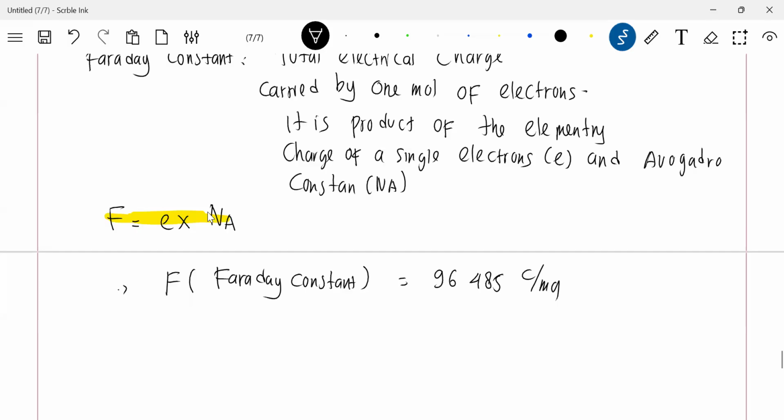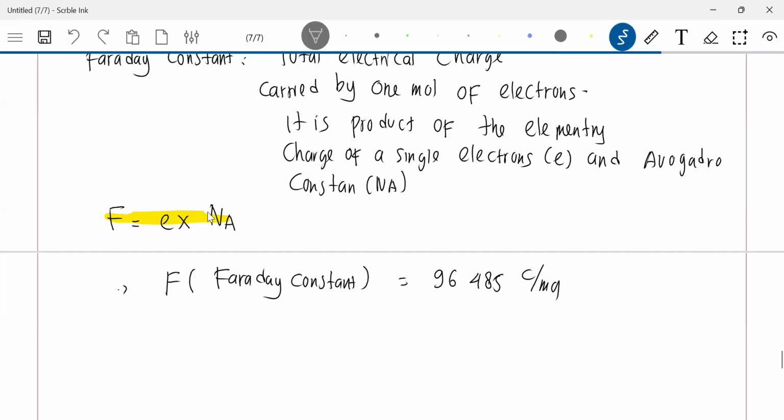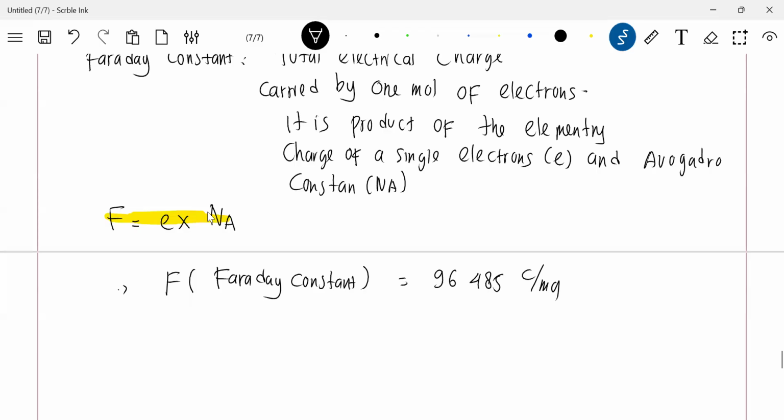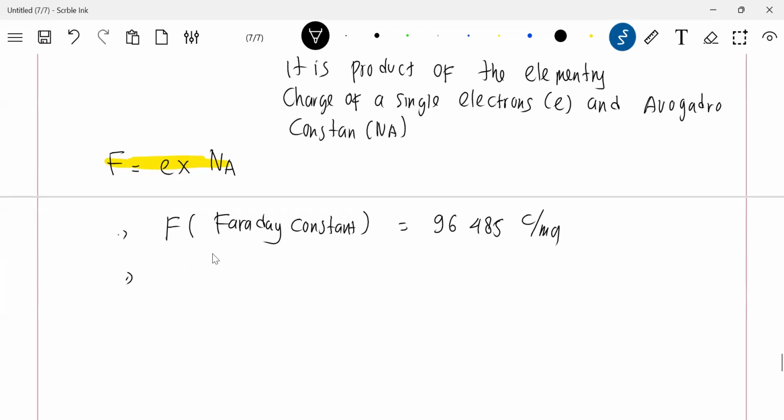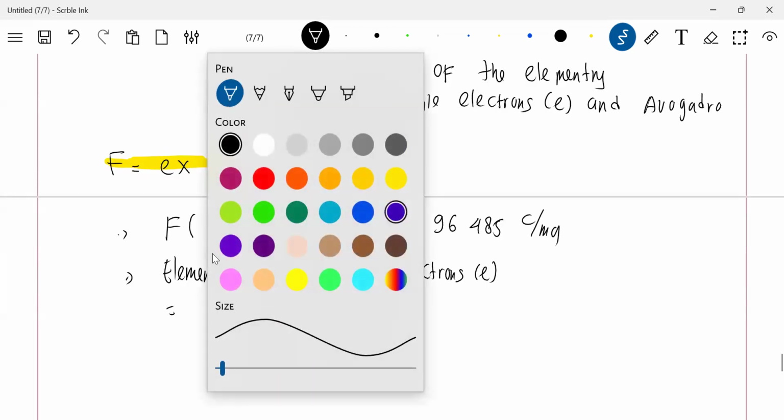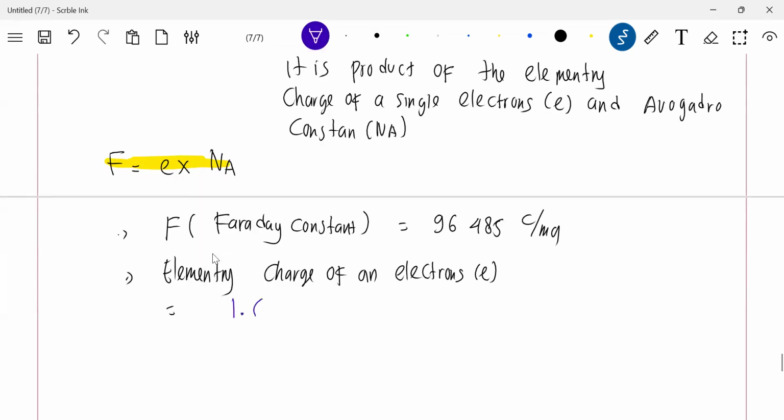And then next, the elementary charge. For the elementary charge of an electron, E, this you have to memorize, yeah, 1.602 times 10 to the power of negative 19 coulomb.